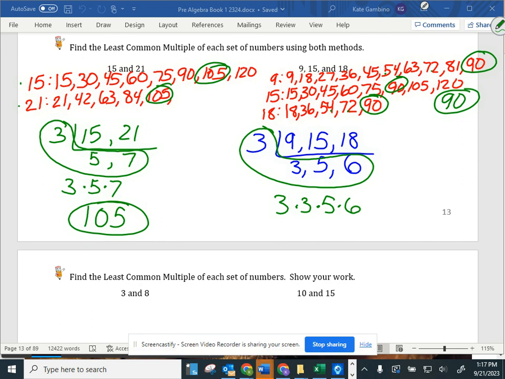Use your calculator. I got 270. Good. Maybe it's two numbers. Use my calculator. Yeah, it is 270. Did I do my math right? 15 divided by 3 is 5.